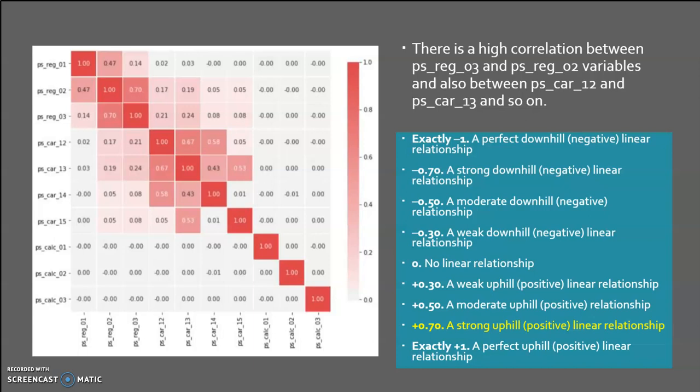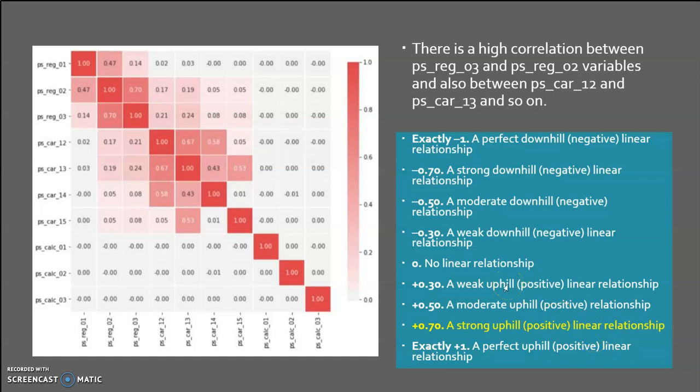Minus 0.7 is a strong downhill linear relationship, if you ever come across this. 0.5 is a moderate downhill relationship. So we can see here that 0.7 is a strong uphill linear relationship.